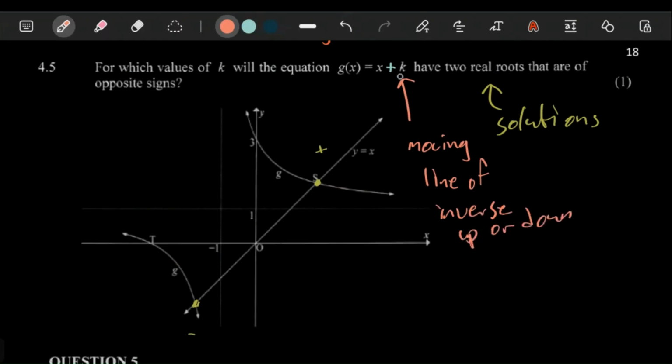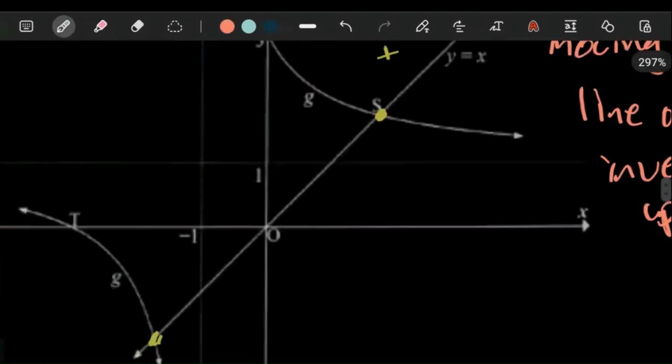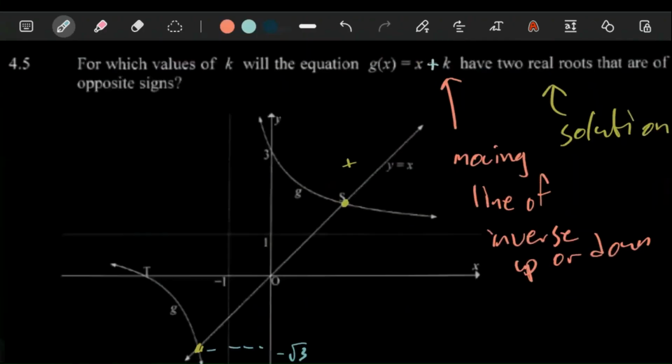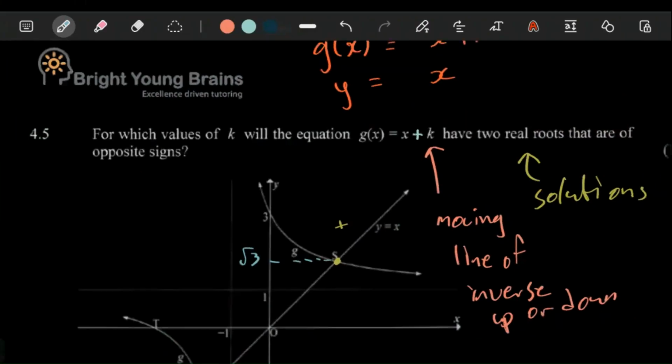That's what k is doing. If k is a plus, it's moving it up. If k is a minus, it's moving it downwards. Now, if you look at it nicely, if this graph of the line of inverse moves up or downwards, you have to remember that this graph, the y value here is like negative square root of 3. The y value up there is like positive square root of 3.